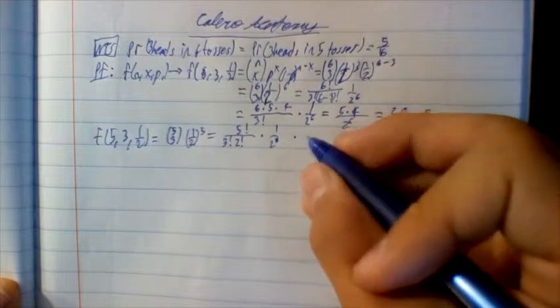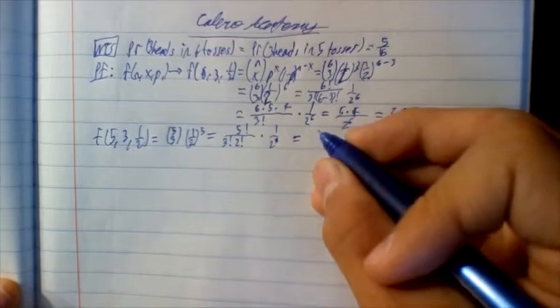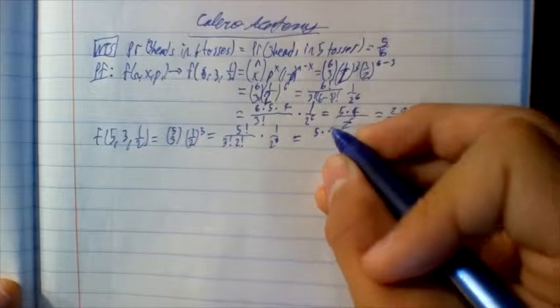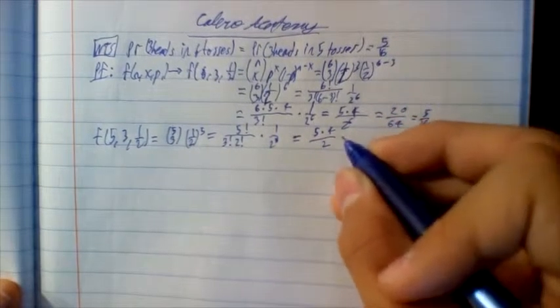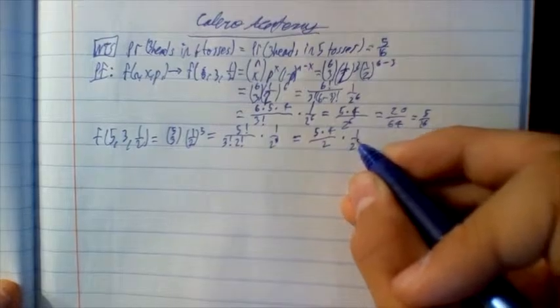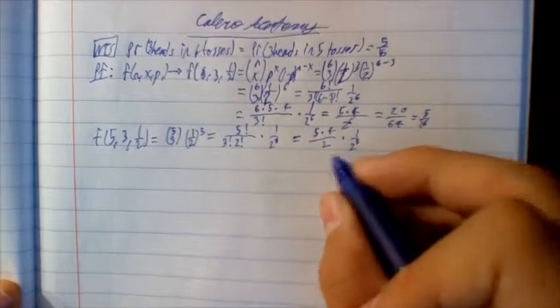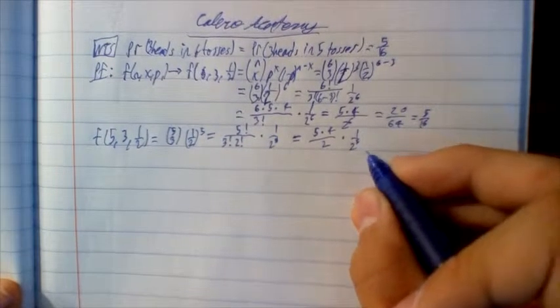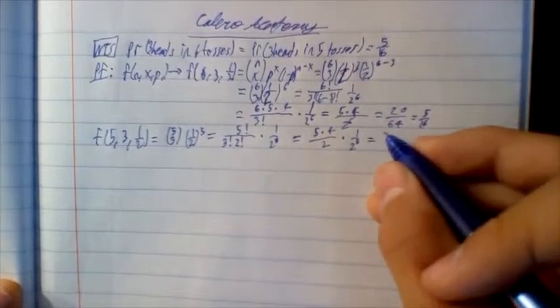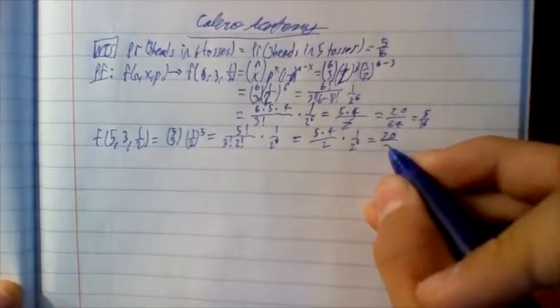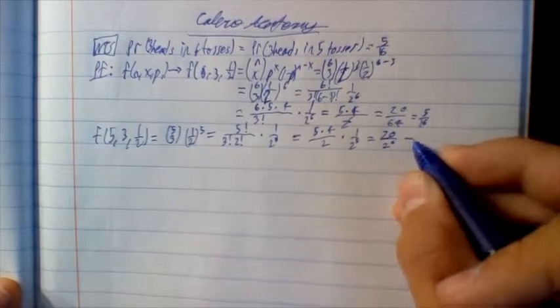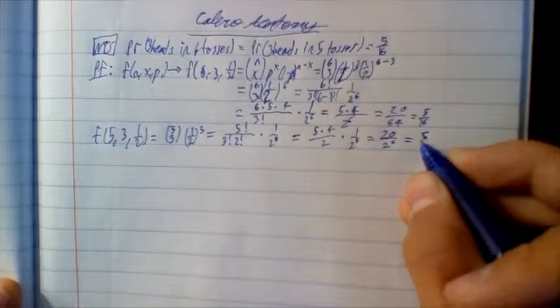So on the numerator, we'll be left with 5 times 4 on 2 factorial times 1 on 2 to the power of 5. But 2 times 2 to the power of 5 is simply 2 to the power of 6, so we'll be left with 20 on the numerator divided by 2 to the power of 6, which will be 5/16.